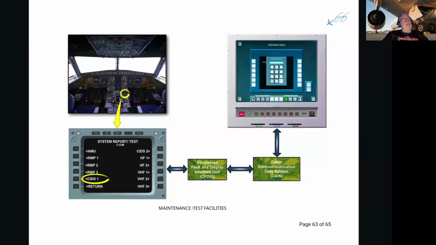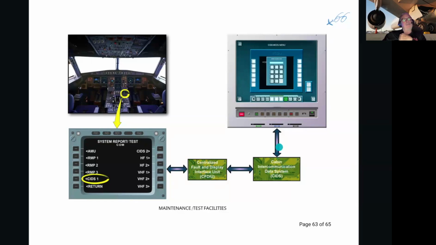In terms of testing the lighting system, the lighting itself is easy to test. Switch the system on and the light should come on. Switch the system off and the lighting should go off. If I'm testing cabin systems, then I have to do it via interrogation of the SIDS directors, which I do as part of the system report test, where I tell the centralized fault display and interface unit, the CFDIU, please speak to the SIDS.